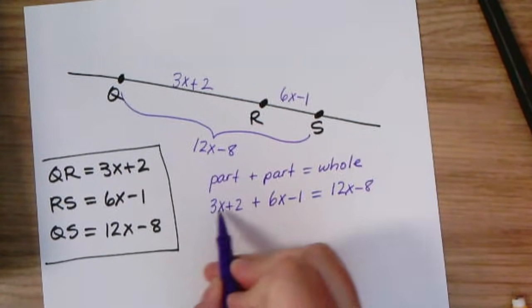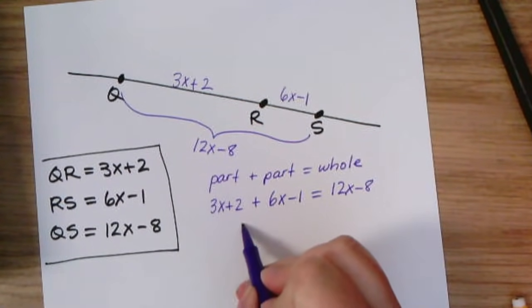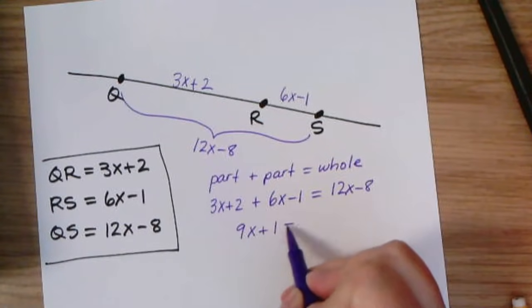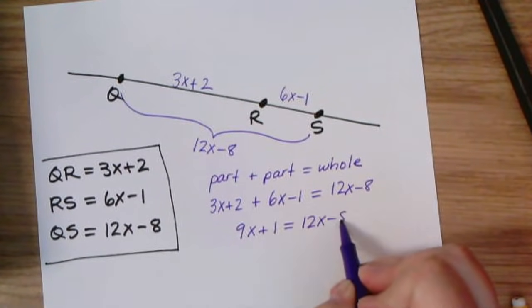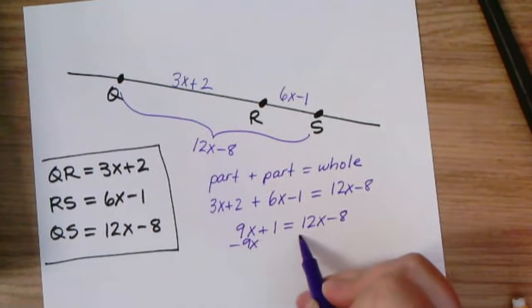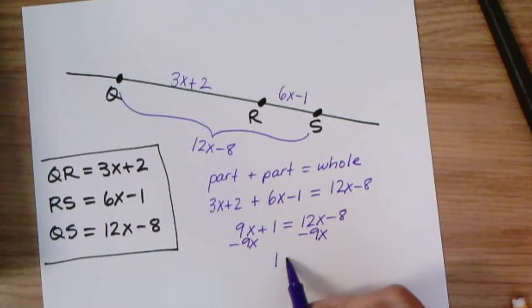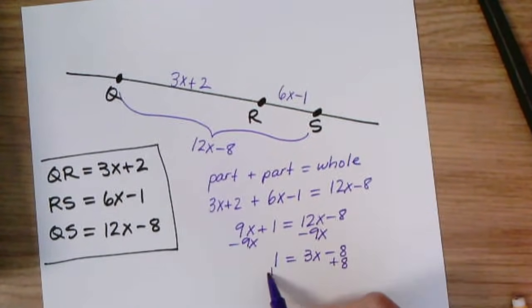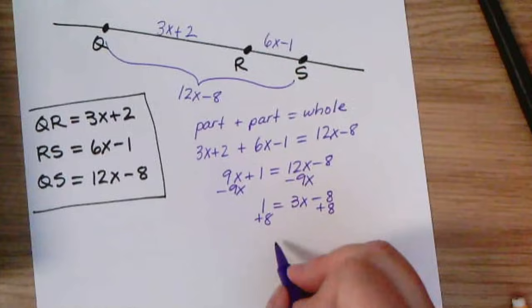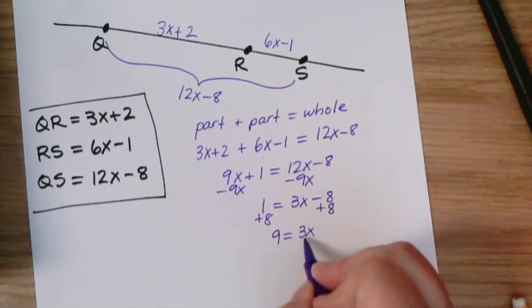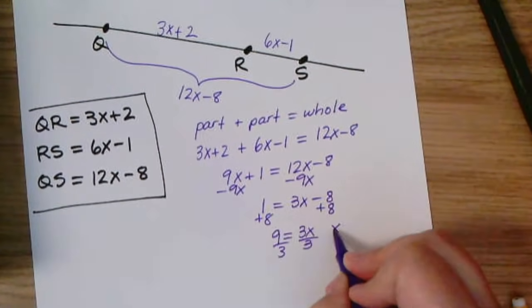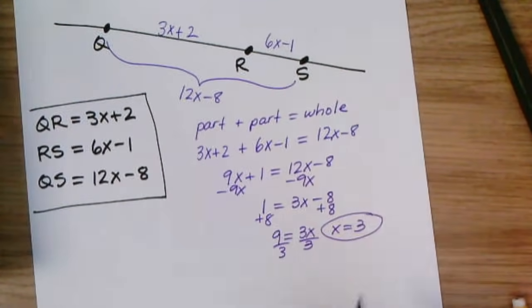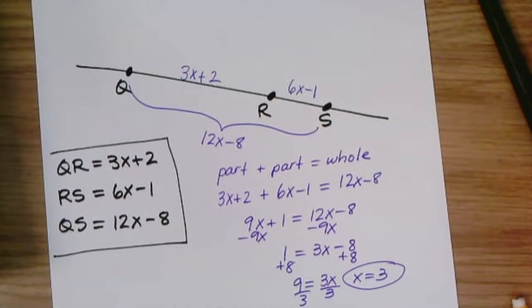So now I need to combine my like terms, and I get this. Now collect my variables on one side, collect my numbers or constants on the other side, and I get that x is 3. Okay. Very often, again, you're wanting to go back and plug it in.